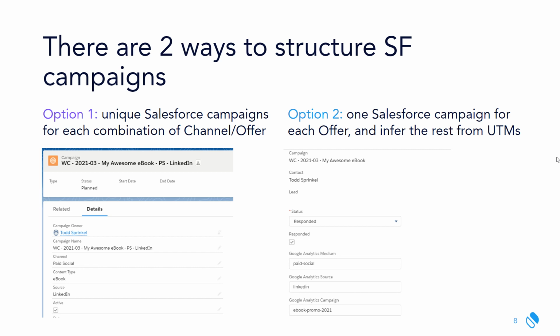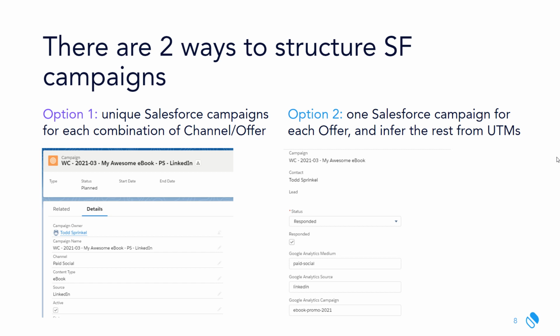So you would have one campaign for my awesome ebook that you're promoting on LinkedIn paid social ads, another campaign for my awesome ebook that you're promoting through email, another campaign for my awesome ebook that you're promoting through whatever at an event. Each one of these combinations gets a distinct Salesforce campaign.